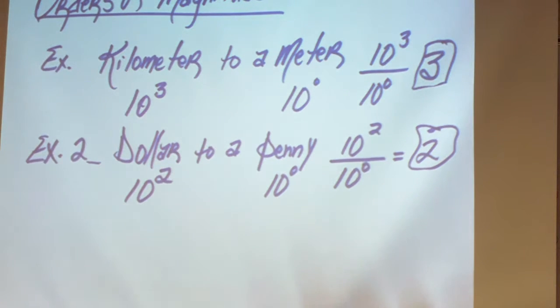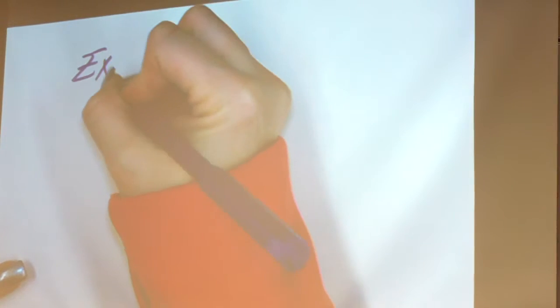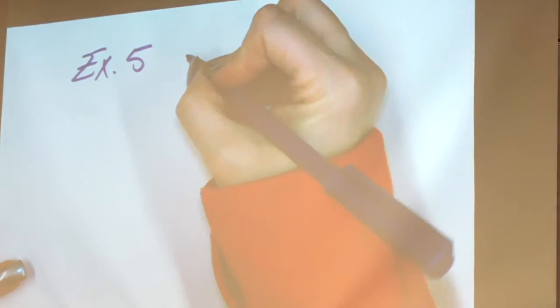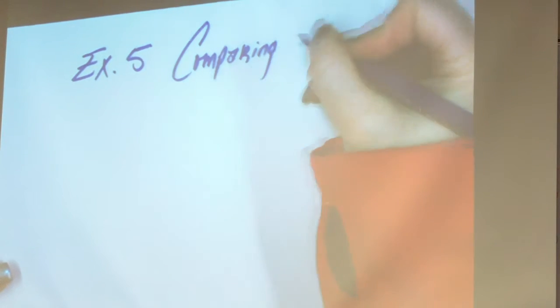Now let's go on to example 5. And example 5 is comparing earthquake intensities. And we talk about the Richter scale. So, example 5. Comparing earthquake intensities.